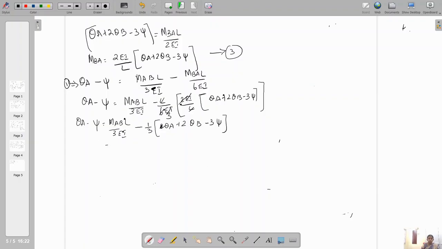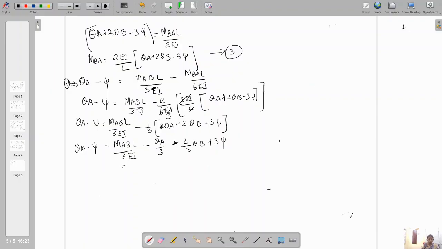So I'm going to multiply 1 by 3 inside: minus theta A by 3 minus 2 by 3 theta B plus psi.